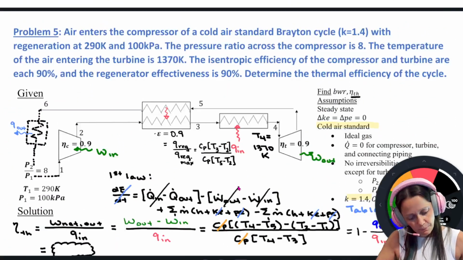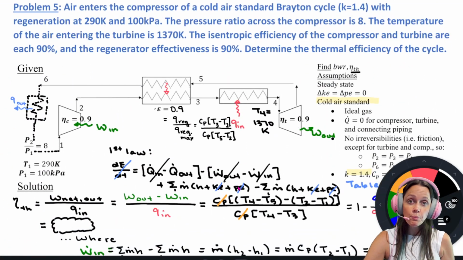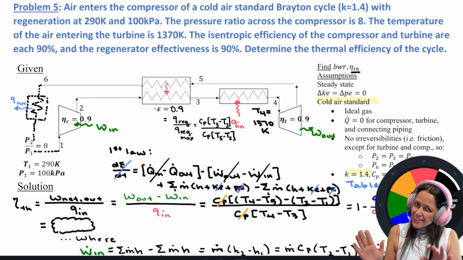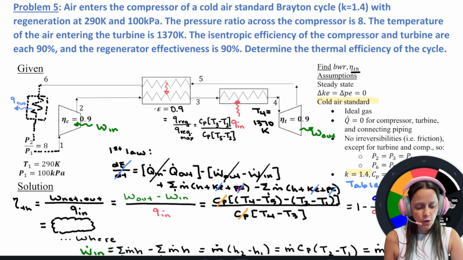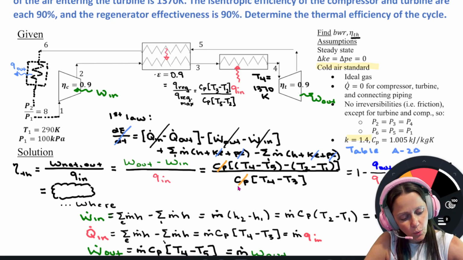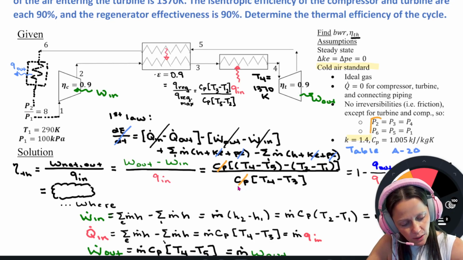Let's go up here. All right. So remember, one thing that we're assuming is that this is an ideal cycle except for those isentropic efficiencies. So no heat transfer where I don't want it to happen, and also no pressure drops. So I went ahead and actually wrote it over here.